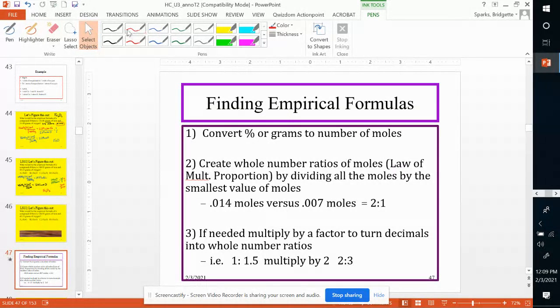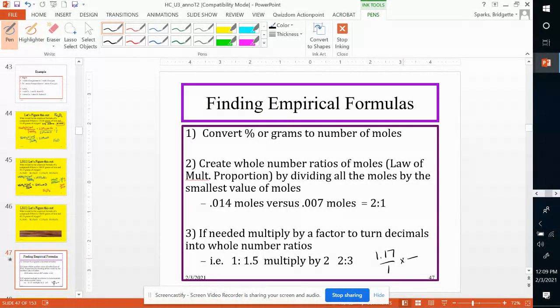Another instance of that is you might have a ratio of 1.17 to 1. You're like, oh, that's 1 to 1. No, we're off by 17/100ths from a whole number. So I have to multiply by some multiplier, and I just do a guess and check. With 1.17, well, I know 2, 3, and 4 are not going to give me a whole number, so I'm going to start at 5. 1.17 times 5?